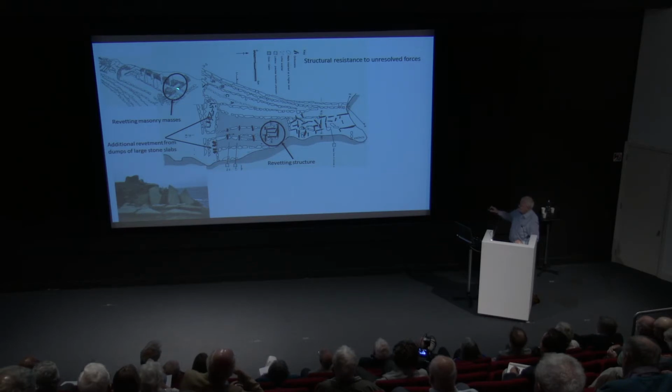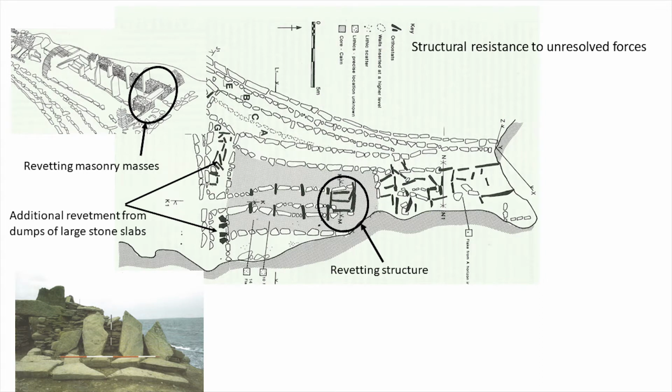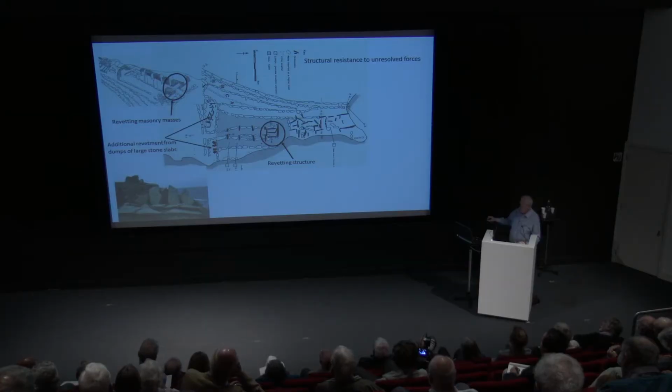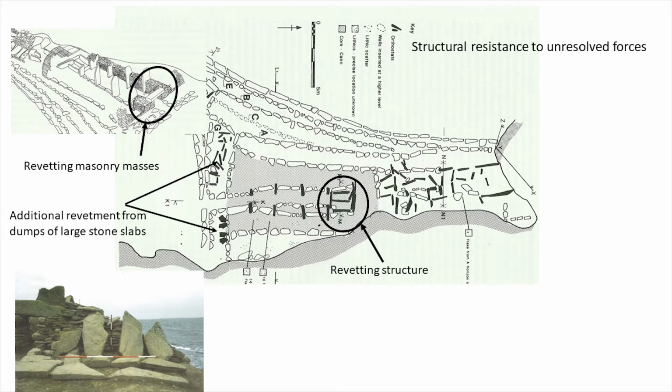In addition to these masonry blocks, a built solid mass of masonry at the front here, they're augmented sometimes, in fact relatively commonly I think now, with just huge big lumps of stone that are handy, that they haven't used in the building. They stick them in there and it helps to rivet the cairn against what's going on.